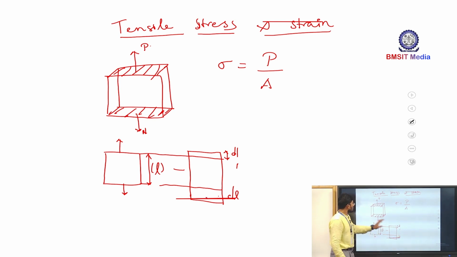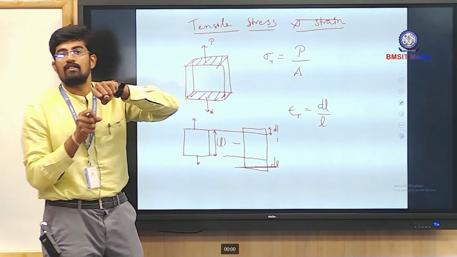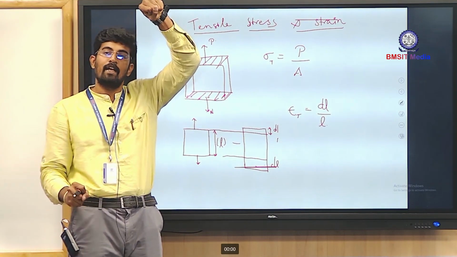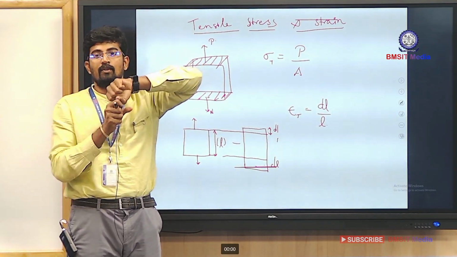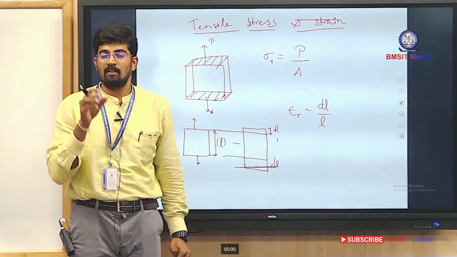The same strain we represent with epsilon T, which is equal to dl by L. But it is a tension, strain in terms of tension, as we are trying to pull it. So we have tensile stress and tensile strain.